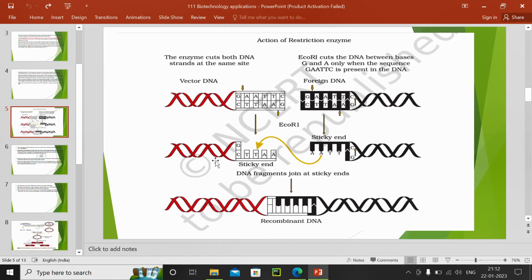Therefore, it is very important to cut the vector DNA and foreign DNA at a palindromic sequence by the same restriction endonuclease to form the same sticky ends, and these same sticky ends get ligated to each other with the help of DNA ligase and form the recombinant DNA.